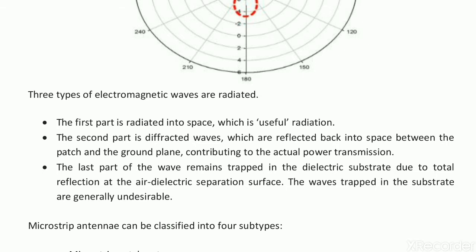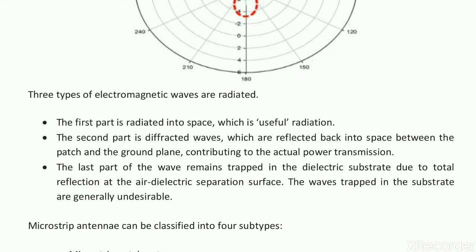From the edges of the patch, the radiation occurs, or we can say electromagnetic waves go into space. The second part is diffracted waves, which are reflected back into space between the patch and the ground plane, contributing to the actual power transmission.